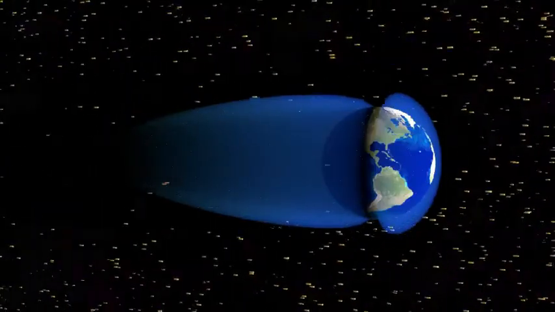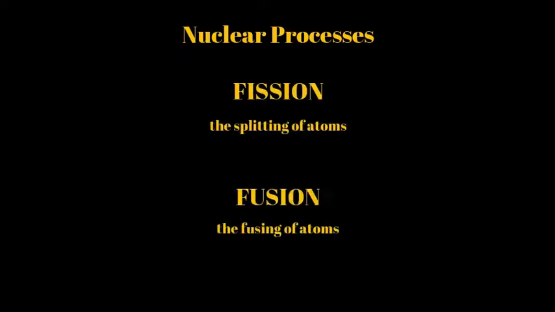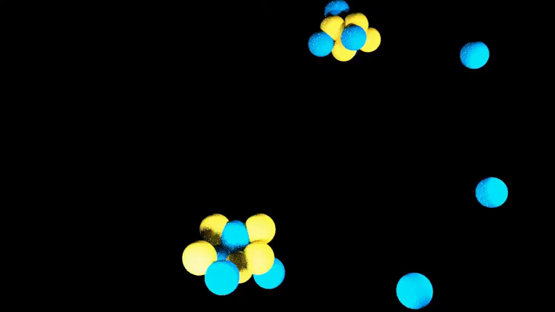There are two nuclear processes, fission and fusion. Fission is the splitting of atoms. This is the process that nuclear power plants use.